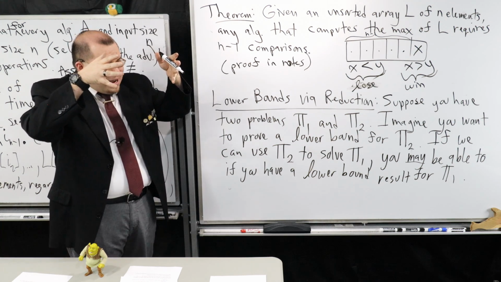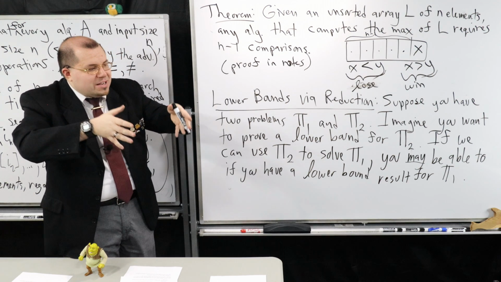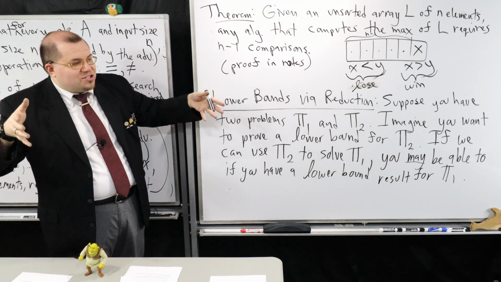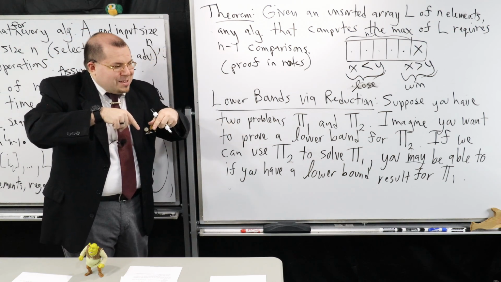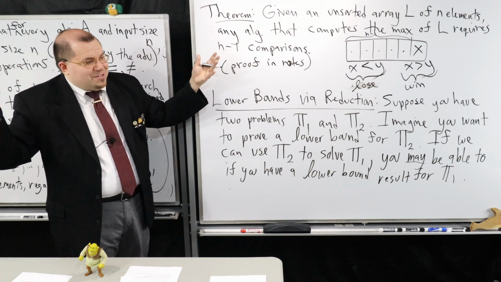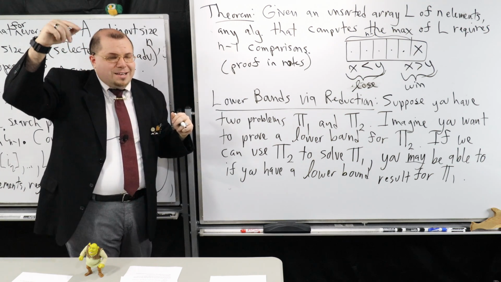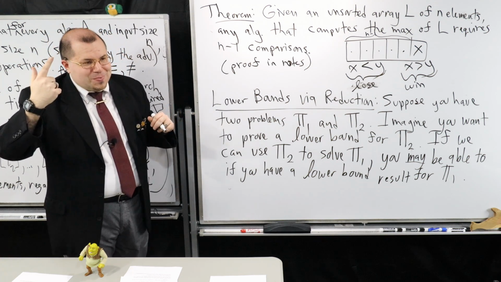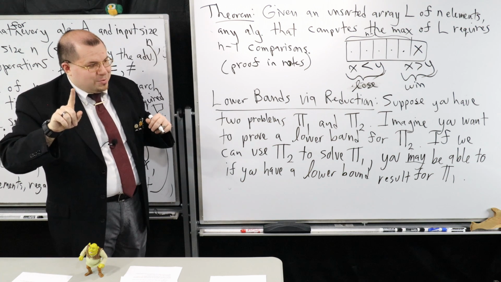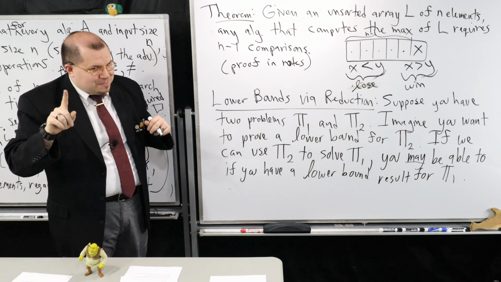You most certainly couldn't solve the bigger problem with the smaller problem if you knew that the bigger problem can't be solved within a certain time. So the idea is that we assume that there exists a faster algorithm that most certainly can't exist, because it would allow us to solve Pi 1 faster.